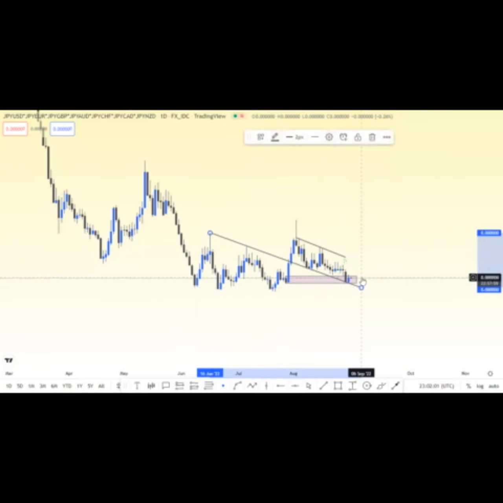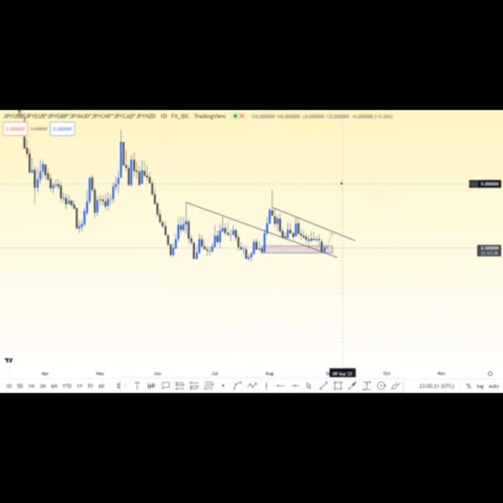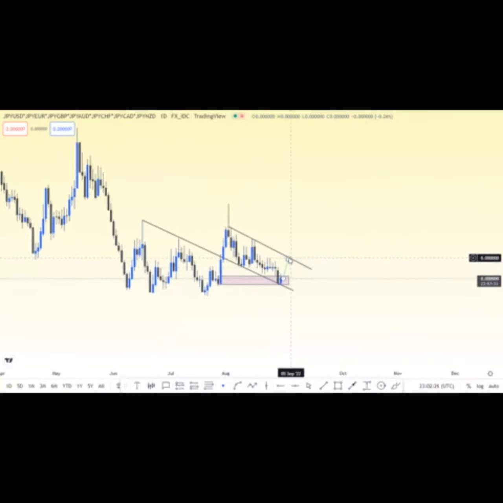Which means the AUD JPY also might be strengthening, because I've been looking for a buy on the JPY. So it might pull up to this level right here, and then we'll just look at what the news are saying, but it might pull up to this level maybe before it goes further down. So we'll see how everything plays out.